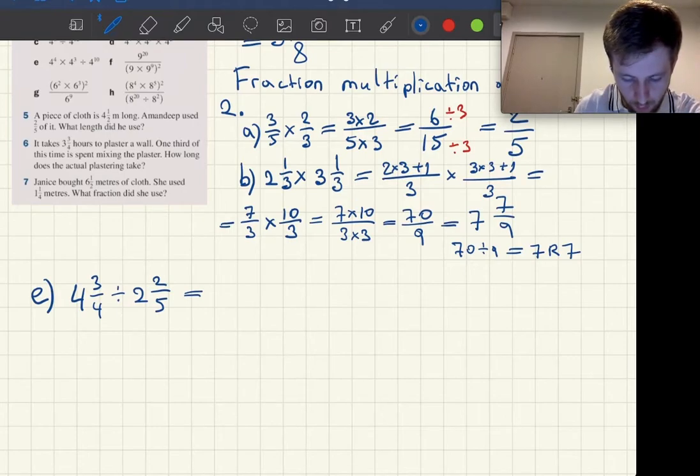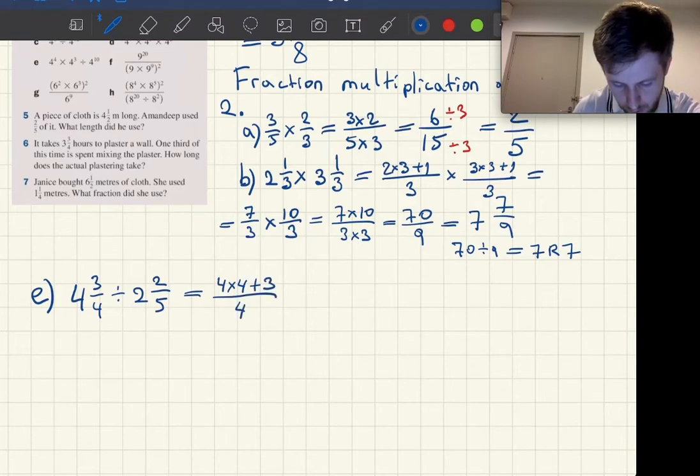So we do 4 times 4 plus 3 over 4 divided by 2 times 5 plus 2 over 5.